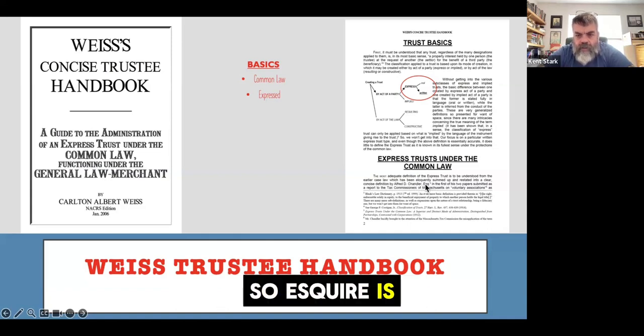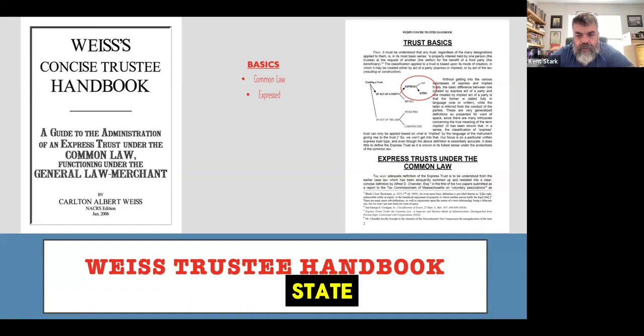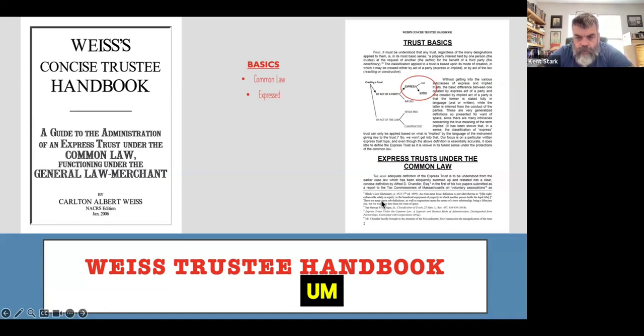Esquire is another word for executor. Once you become the executor of your Social Security estate, then you become an Esquire. Whether you want to use that or not is up to you.